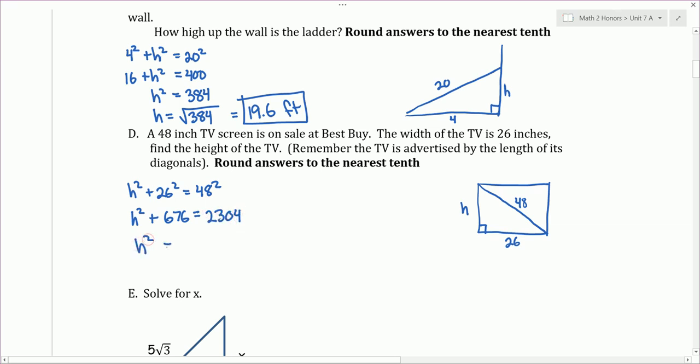So h squared is equal to 2,304 minus 676, which is 1,628. H is equal to the square root of that, which is roughly, we're going to round this to the nearest tenth, 40.3. And we're talking inches.